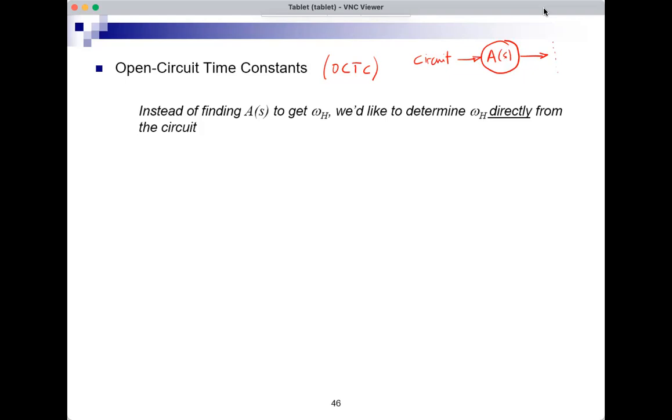If I'm given A of S, I'm safe. I know how to find omega h. If I'm given the circuit, well, I have to find A of S first, and then find omega h. OCTC skips this step. You're given the circuit, and you can find omega h directly from the circuit without finding A of S first.